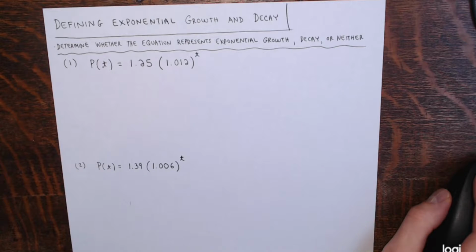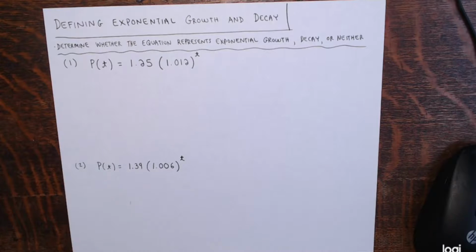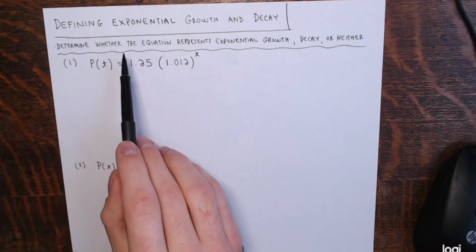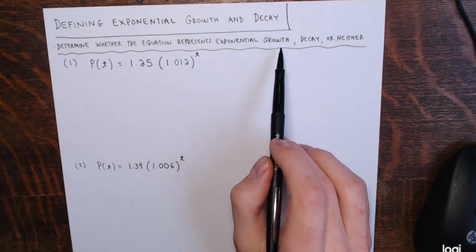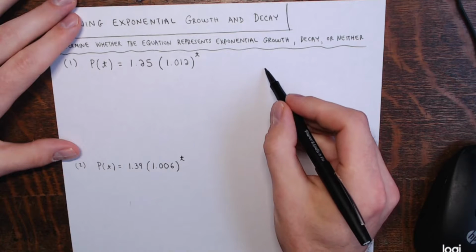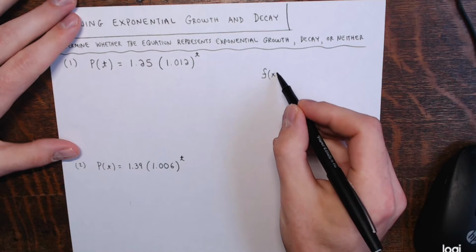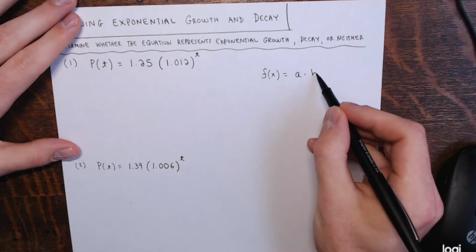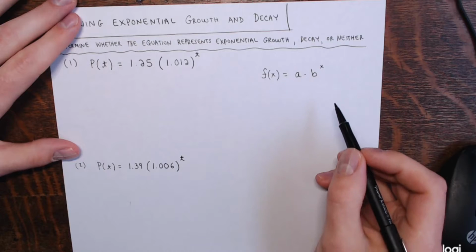Now, my first examples, and all the examples really in this video, are just simply going to be asked to determine whether the equation represents exponential growth, decay, or neither. So again, we're looking for functions that look like this. f of x equals a times b to the x power, just a simple old x power.